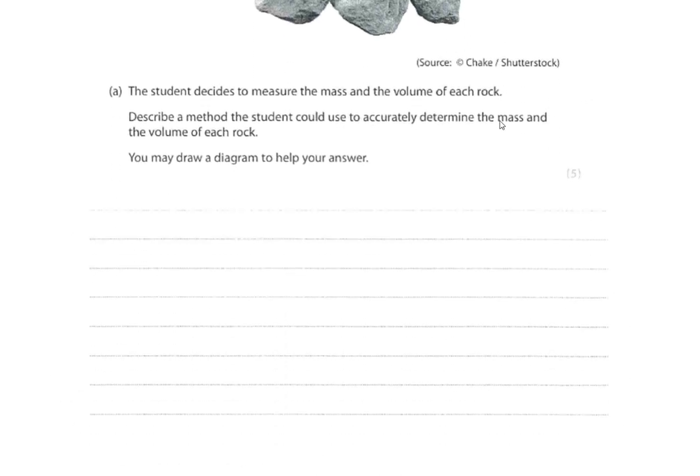So, describing a method for a student to use to accurately determine the mass and the volume of each rock. So here we go. What can we do? First of all, mass. So use a balance to measure mass.